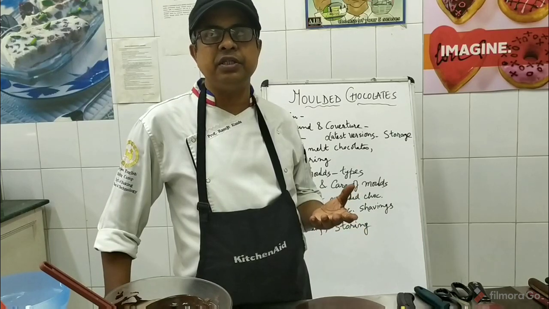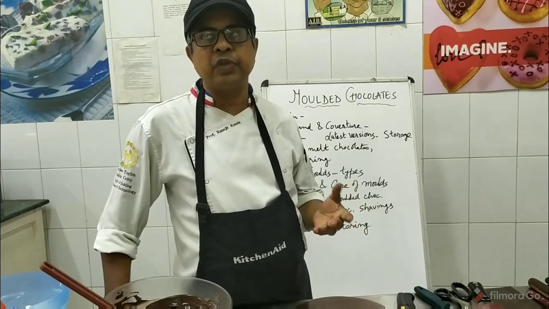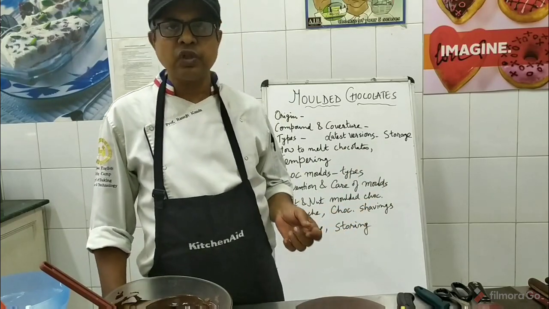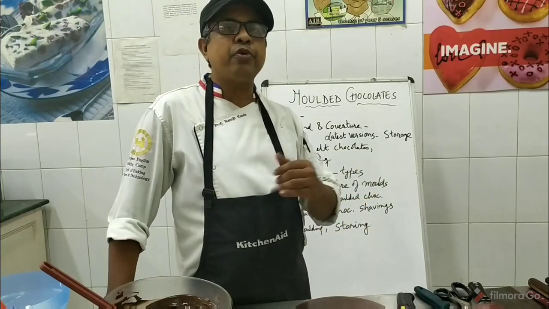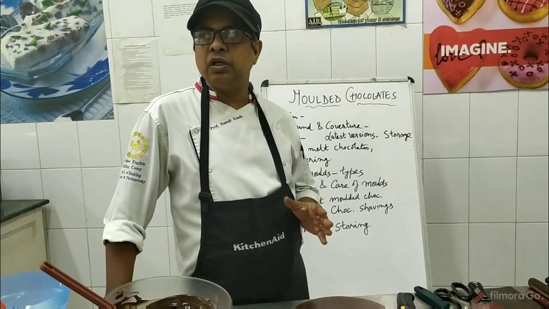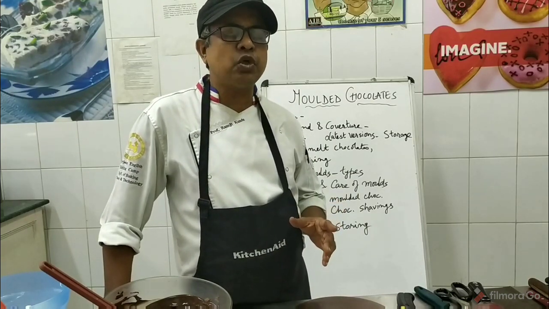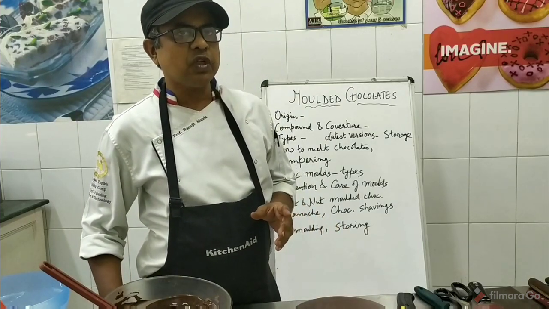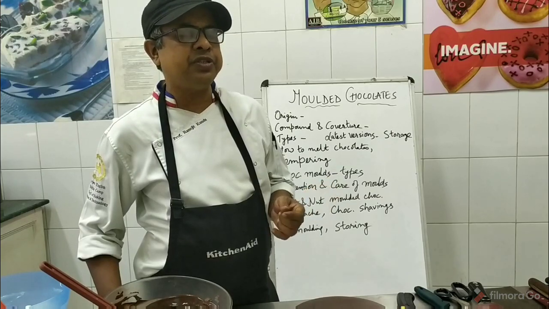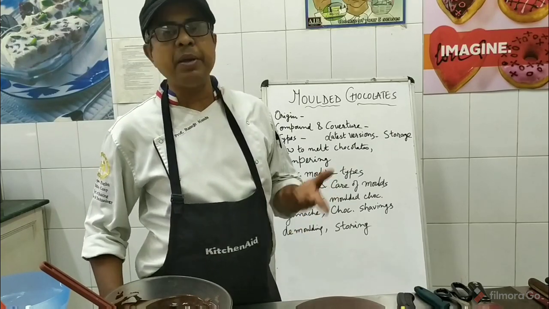The cocoa content is different from what we have in the compound. Compound is normally the byproduct of the original chocolates. The original chocolate, called couverture chocolate, will be very expensive, maybe 800 to 1000 rupees a kilo in these times, or maybe even more.